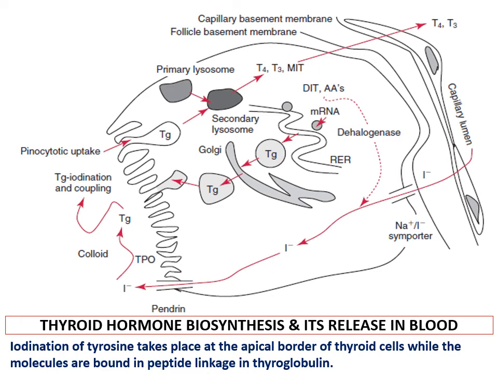Thyroglobulin is proteolyzed and thyroid hormone is generated in lysosomes. And these thyroid hormones are secreted into the capillaries on the basolateral side of thyrocytes.